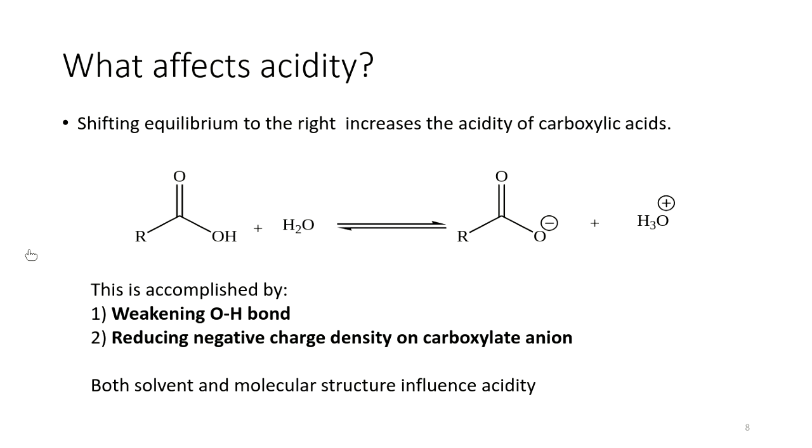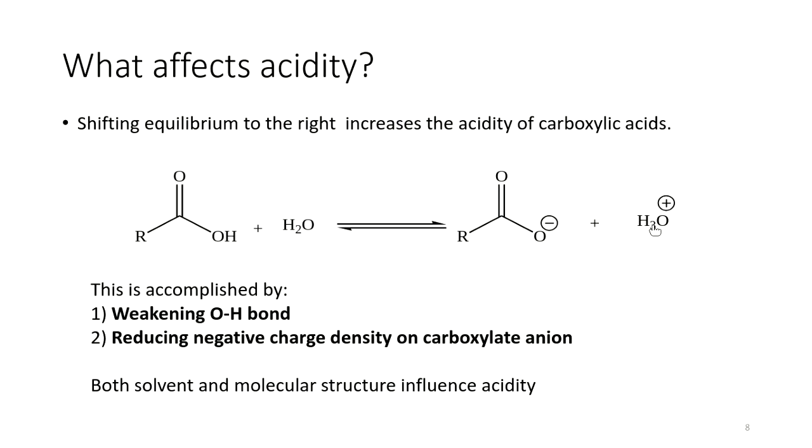Right. So as we can see in this equilibrium here, anything that allows us to generate more protons is going to increase the acidity of carboxylic acids. So anything that is going to have this equilibrium shifting more to the right means that there's more protons being released. More protons being released, you have greater acidity.